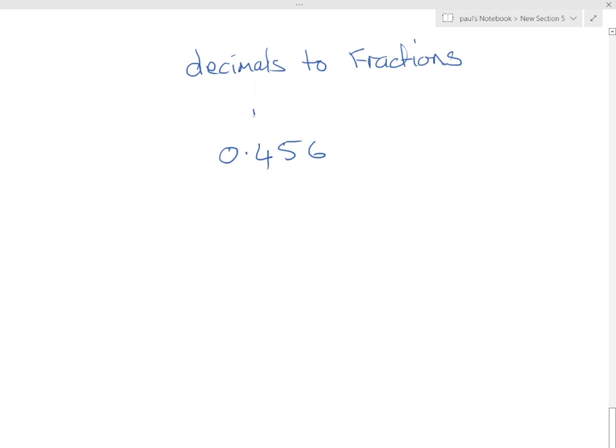The 4 is in the tenths column. The 5 is in the hundredths column, and the 6 is in the thousandths column. So if we are going to convert that into a fraction, we see that the column is the tenths, and I've got 4 of them. Therefore, I've got 4 tenths.